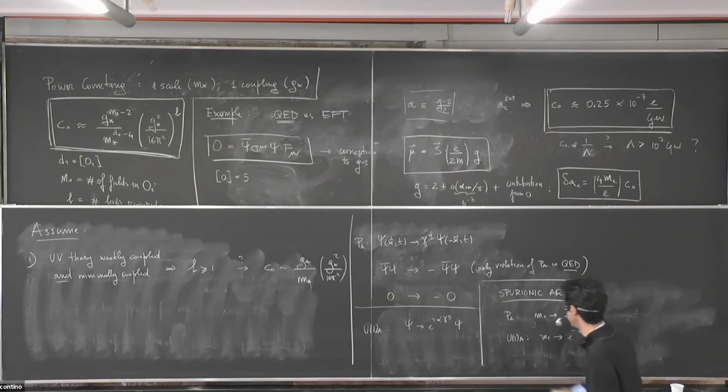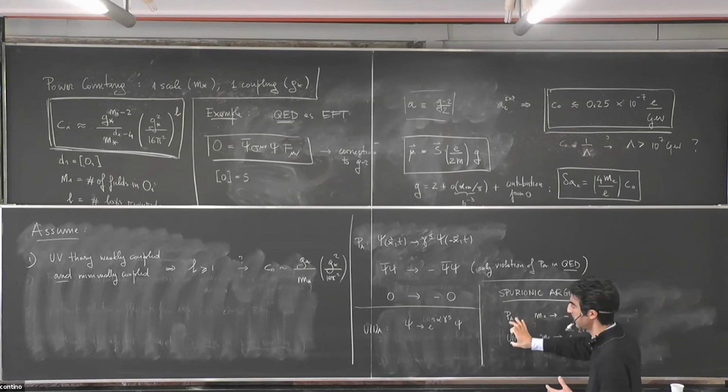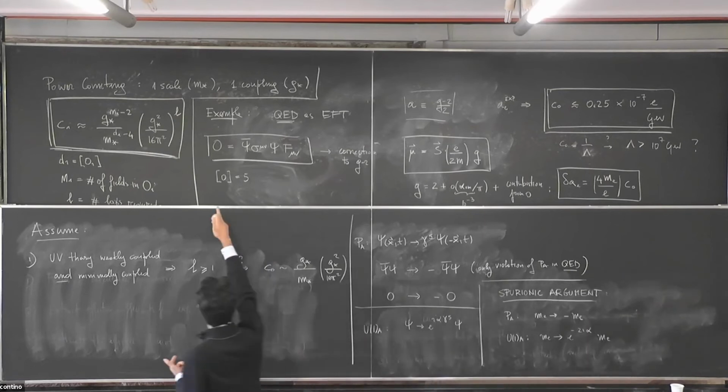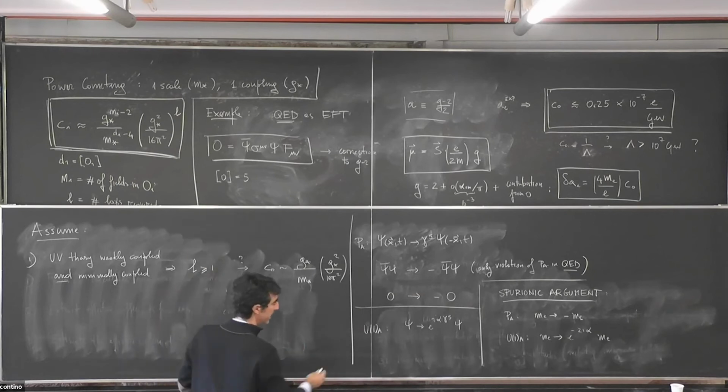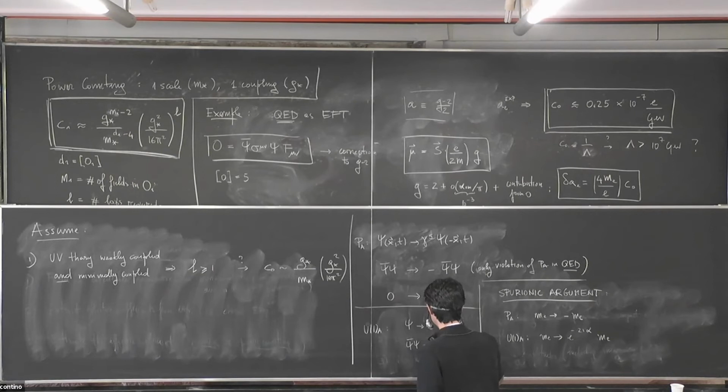So if you do this, then you formally restore invariance of the QED Lagrangian under these symmetries. And then at this point, the operator O transforms as well: psi bar psi transforms as e to the 2i alpha psi bar psi, and O transforms in the same way.